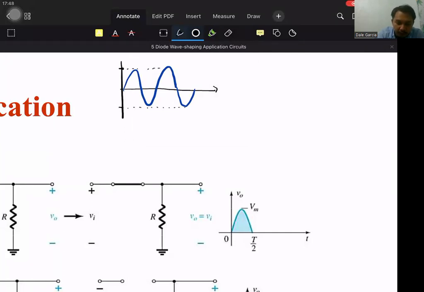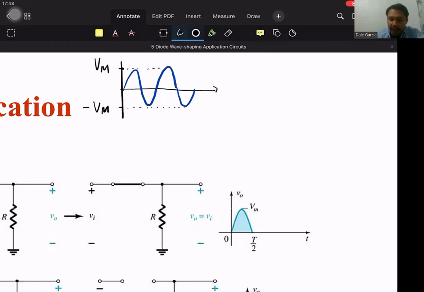Let's call them VM and negative VM. This is the magnitude. So if this is 5 volts right here, then this is negative 5 volts. We all know about sine waves, even way back when we were learning trigonometry.